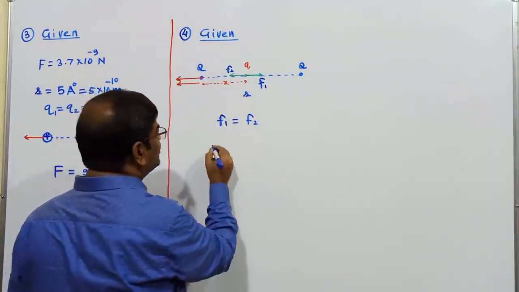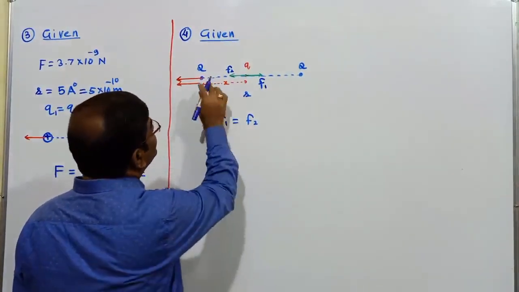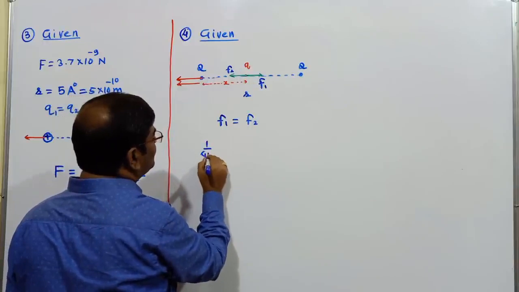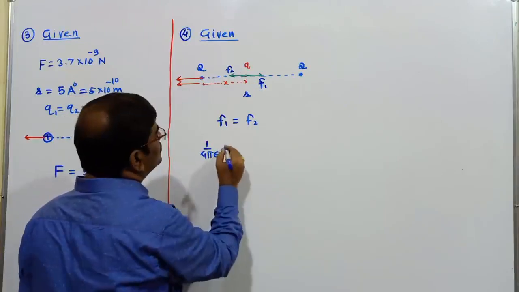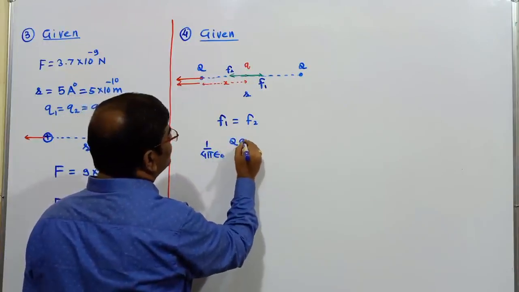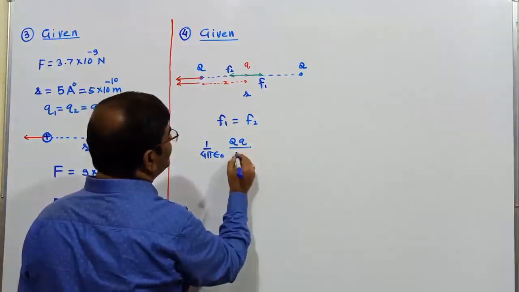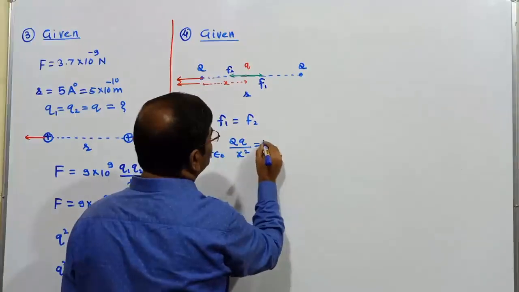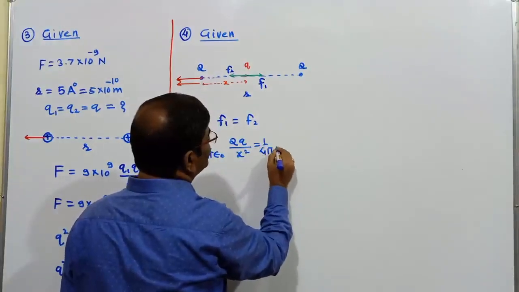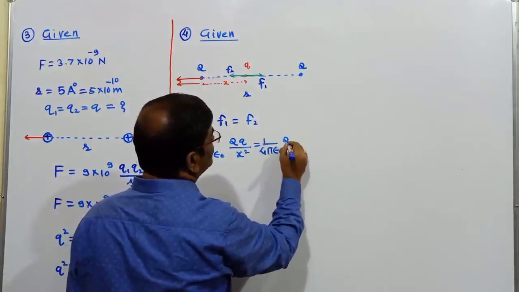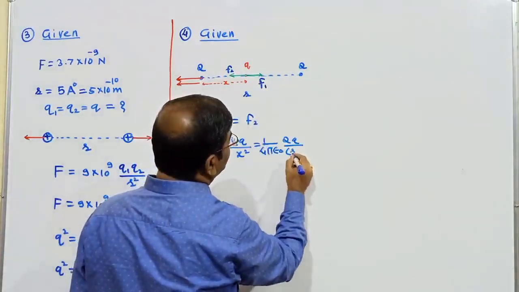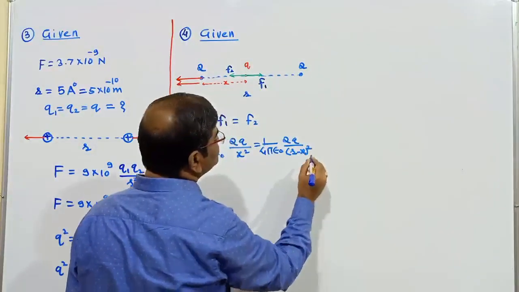F1 between these two: how much is that? 1 upon 4 pi epsilon 0, QQ divided by x square. This distance I have taken as x. F2 equals 1 upon 4 pi epsilon 0, QQ divided by, how much is this distance? R minus x.